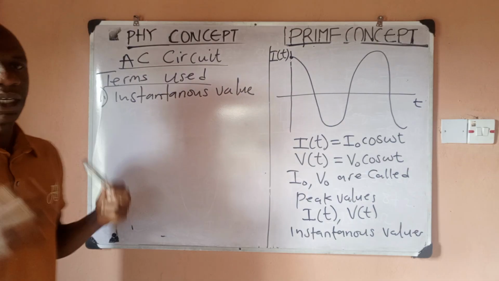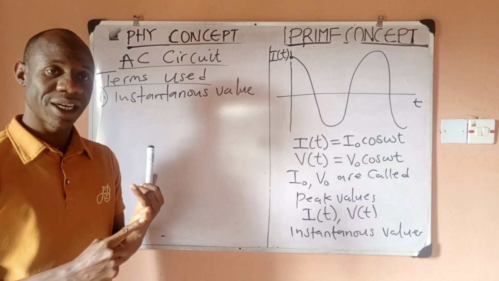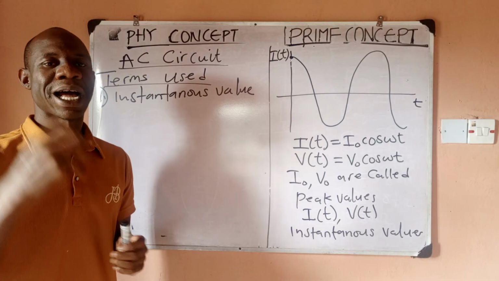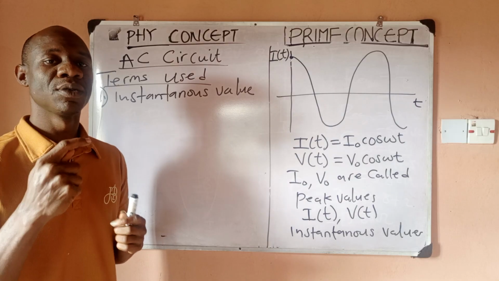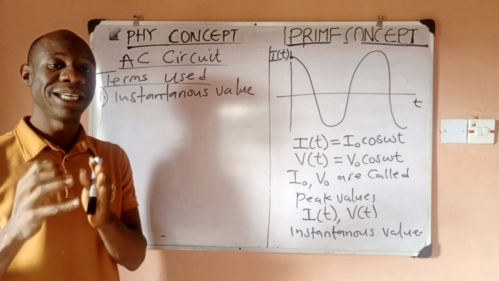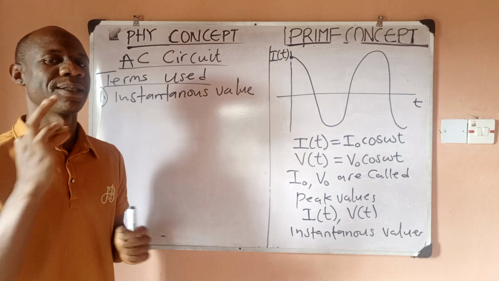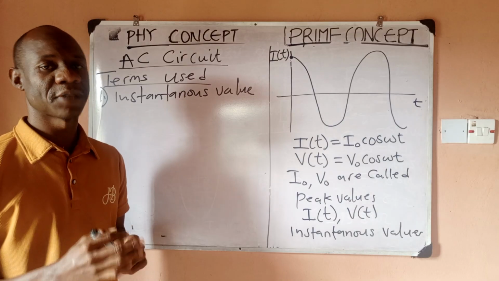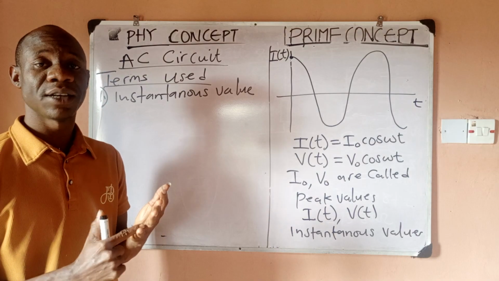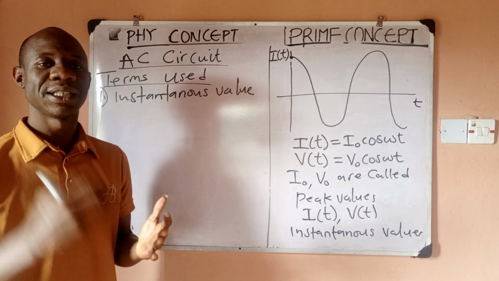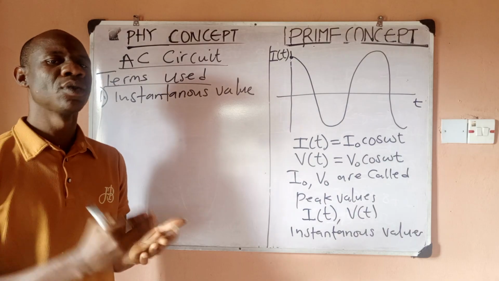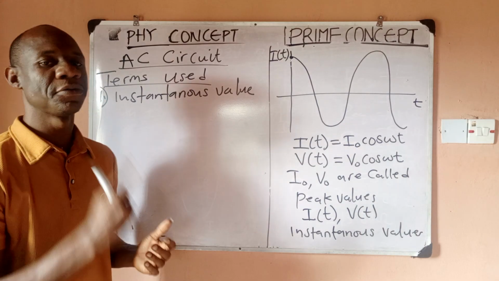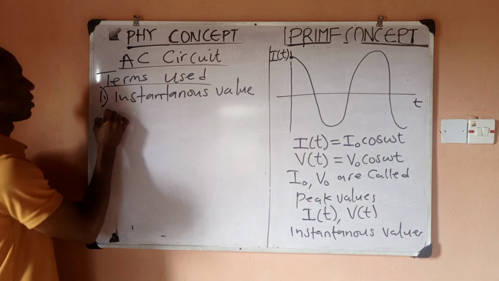Instantaneous values for current and voltage are the values of current and voltage at a particular instant or point in time. So they are functions of time.